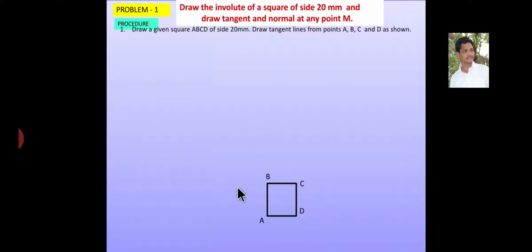ABCD. Okay. Now draw tangents. Draw tangent lines from points A, B, C, D as shown in the figure.